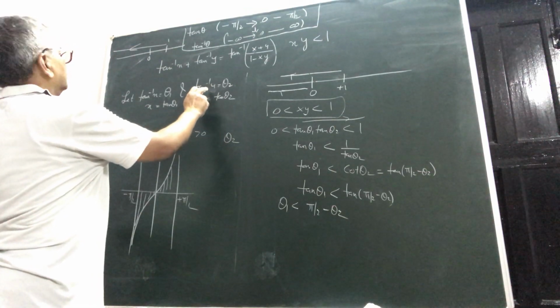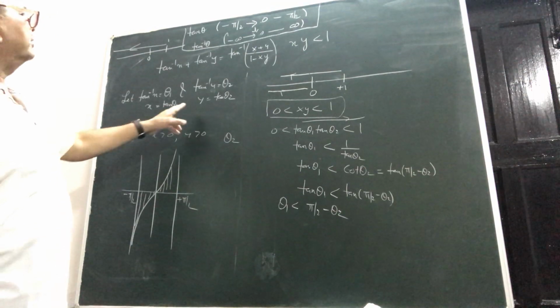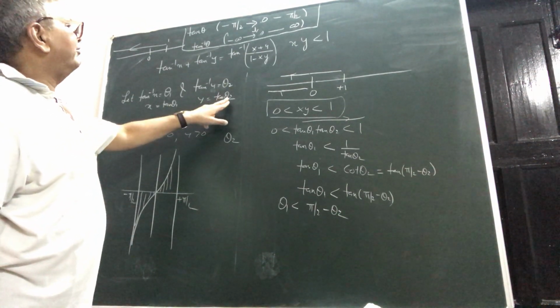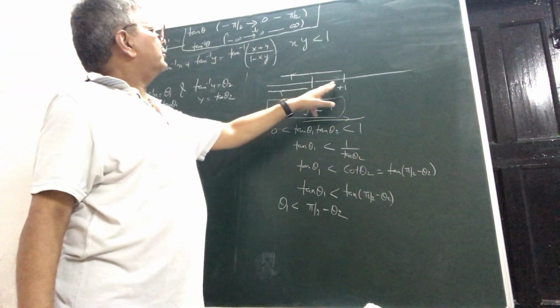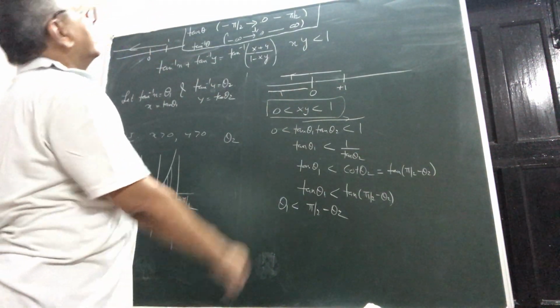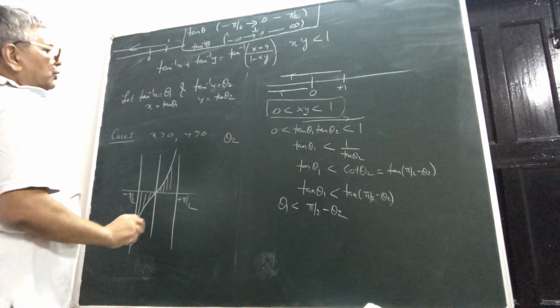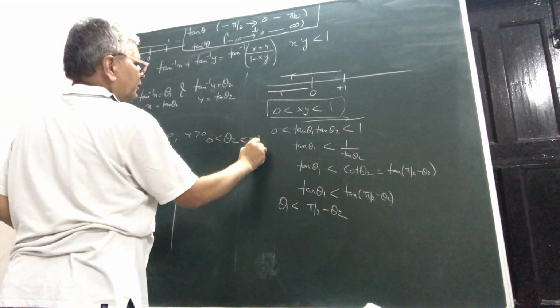You have taken x positive, y positive, so tangent theta 2 is y, so theta 2 will lie where? Theta 2 will obviously lie between 0 to pi by 2, okay. So theta 2 is lying between 0 to pi by 2.